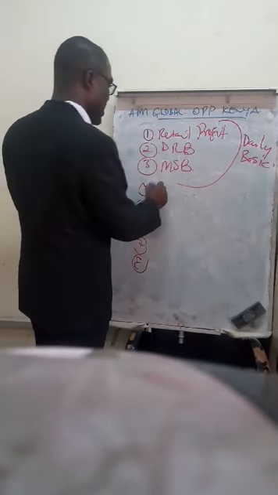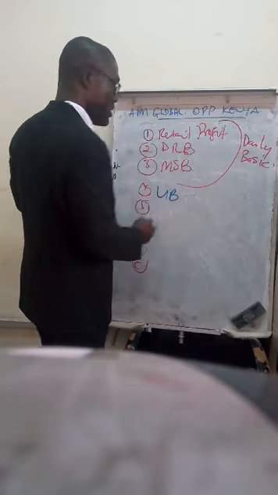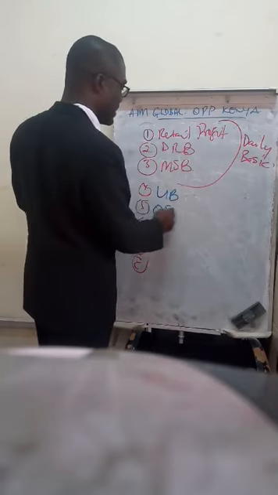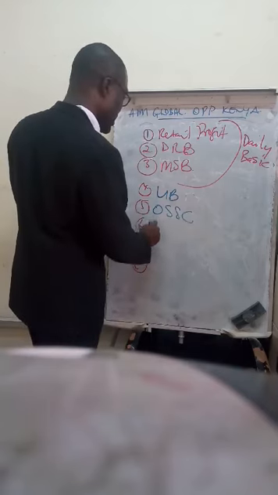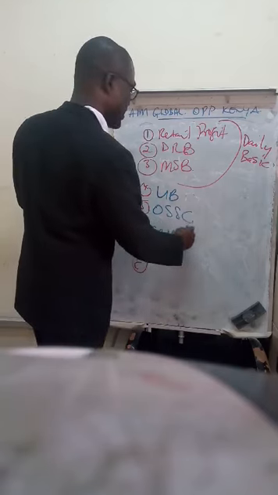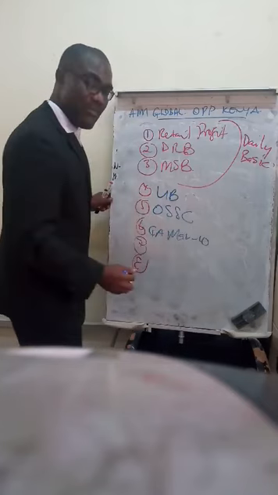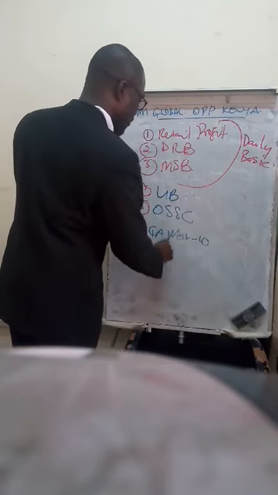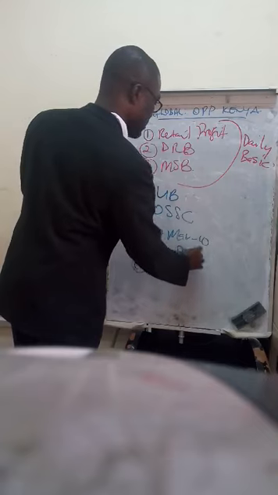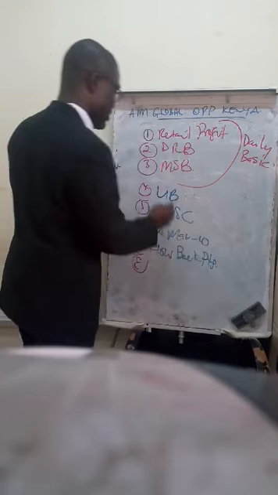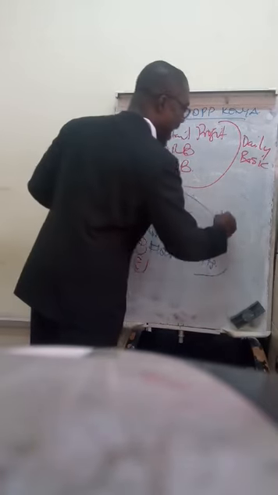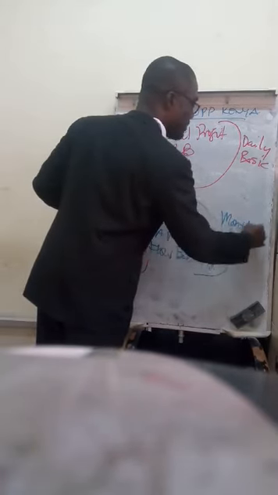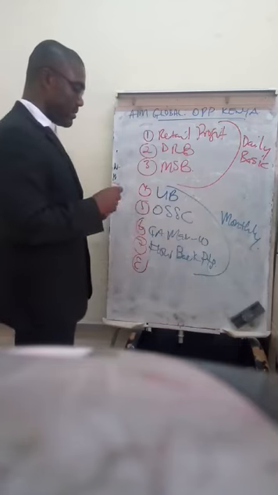The 4th way of earning is called the uni-level bonus. The 5th way is called the overriding step commission. The 6th way is called GA Max 10. The 7th way is called flow back points. These 4 ways of earnings are earned on a monthly basis.